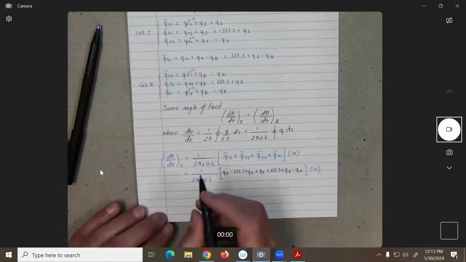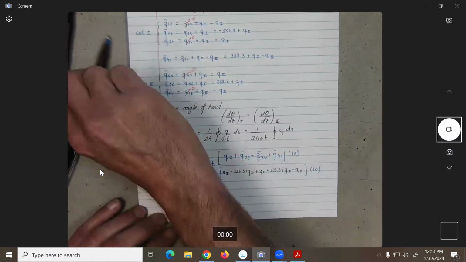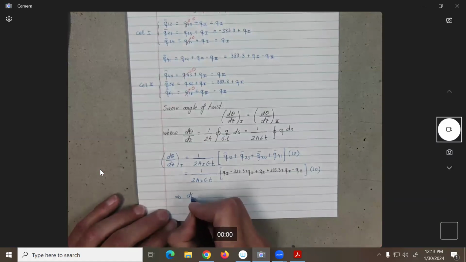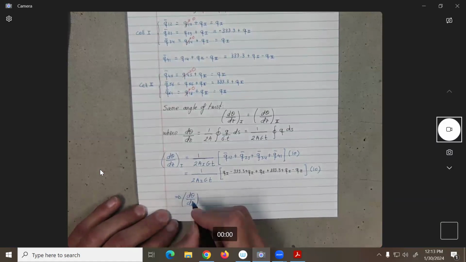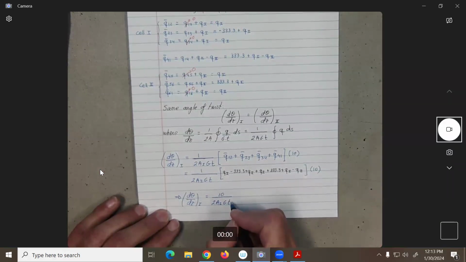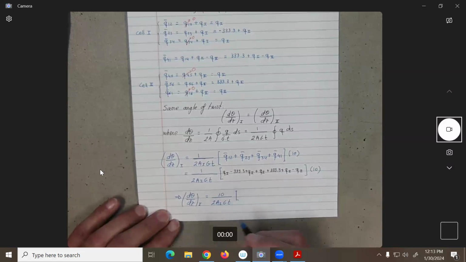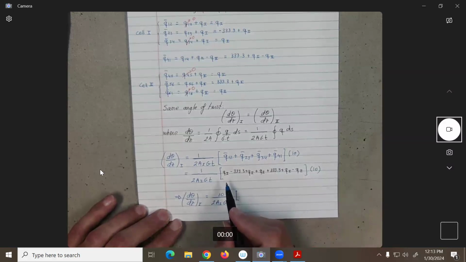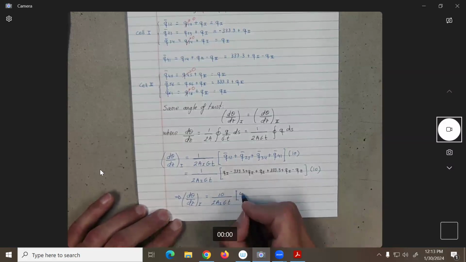So basically from this equation here, we're going to get that d theta dz of 1 will be equal to 10 divided by 2 a sub 1 gt factor of 1, 2, 3, 4, 4 Q1.